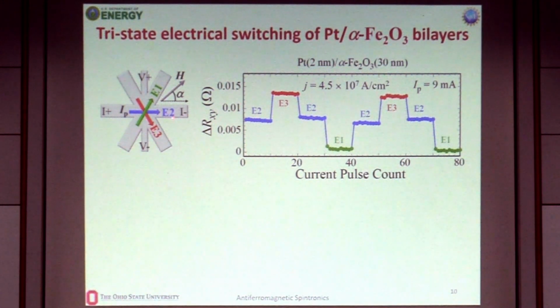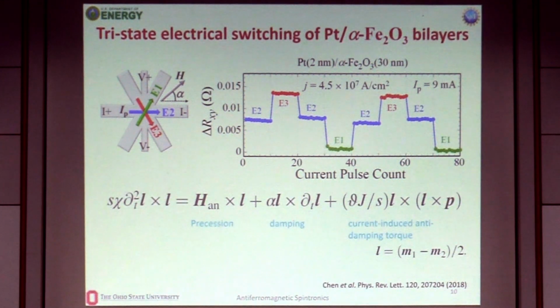And then we change it back to E2, and it dropped back to more or less the original value. And then for 10 pulses. And then we change it to E1 along this direction, and it's going this way. And this is repeatable for however long my students were patient enough to measure, about several hundred pulses.